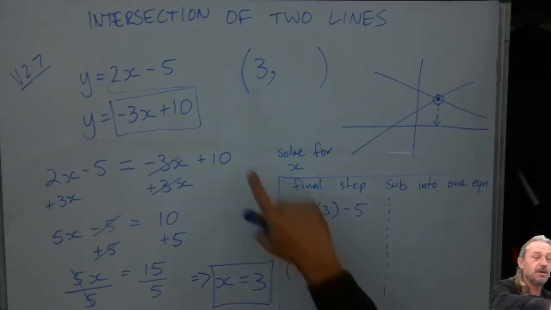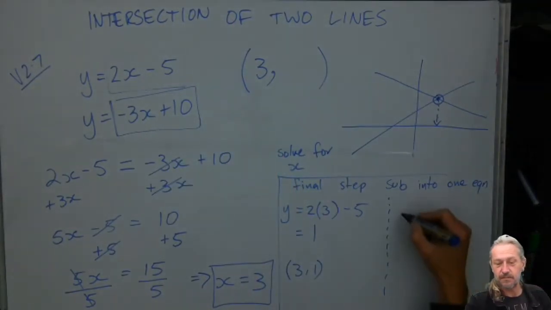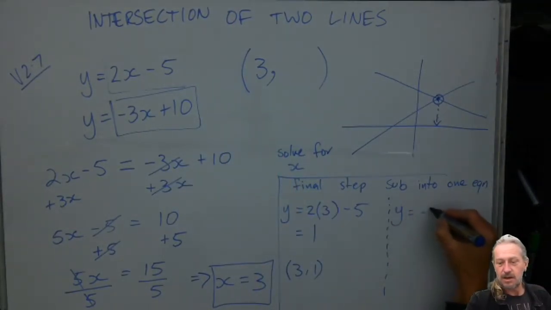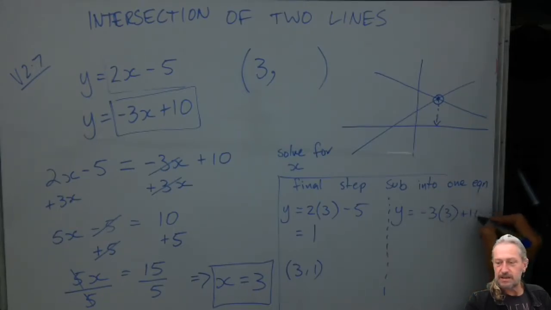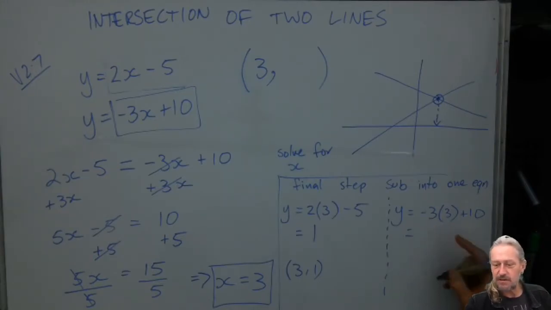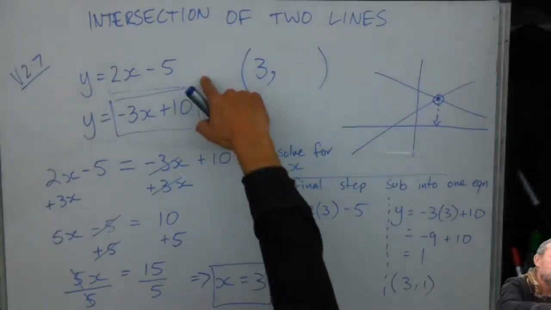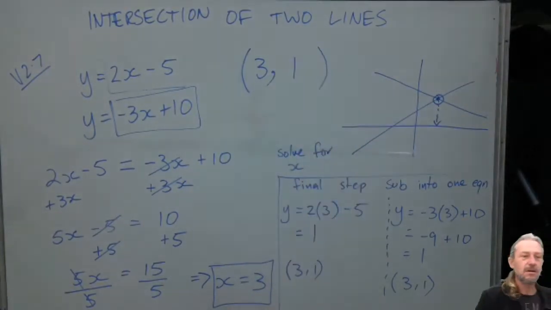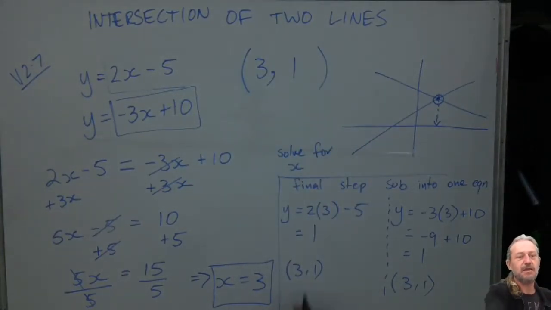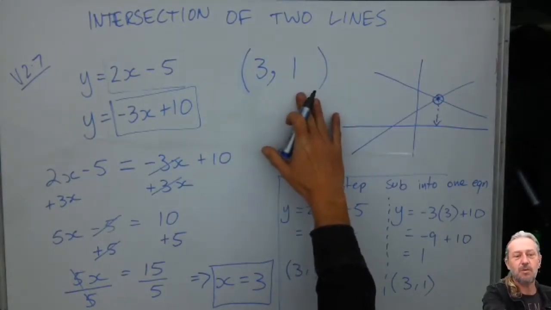Now just to show you that it doesn't matter which one we choose, negative 3 lots of 3 plus 10, negative 3 times positive 3 is negative 9 plus 10, that equals 1. So these two lines intersect at the coordinate 3, 1.